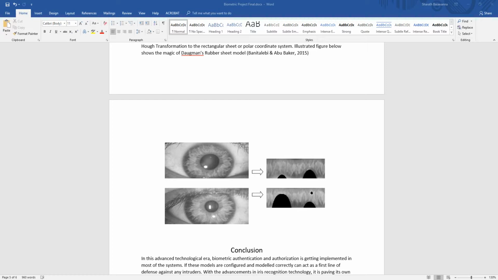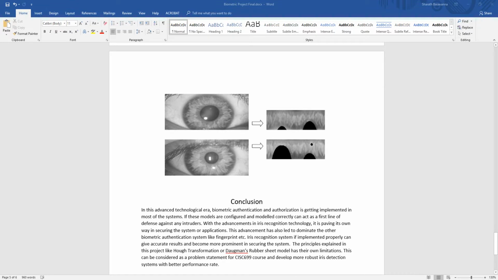By applying this, we get the Daugman rubber sheet. When you give an image of an iris, it gets matched against the stored templates in the database, and then it either matches or rejects.